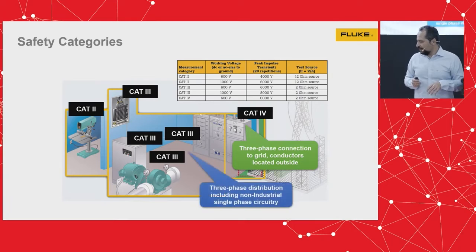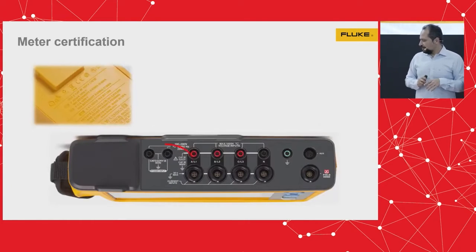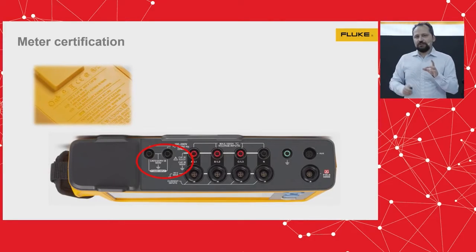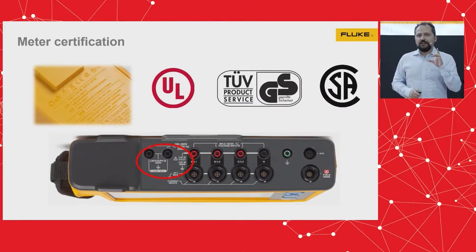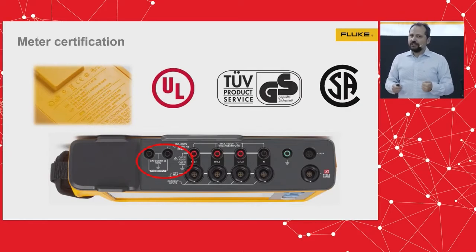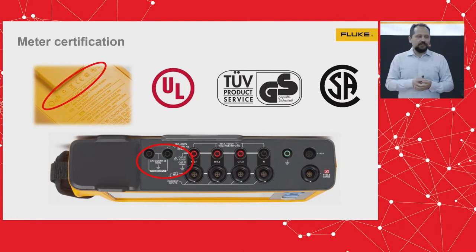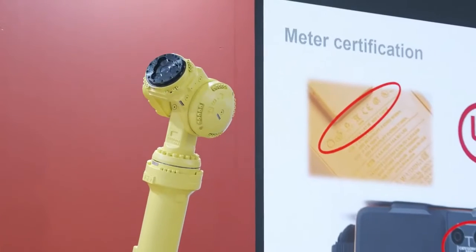So always make sure that you have this really indicated in your unit, as you can see there. And not only that, but also make sure that there are independent bodies that have certified that the measurement unit that you are using really complies with those standards. Always check that the instrument comes with these marks from independent laboratories.